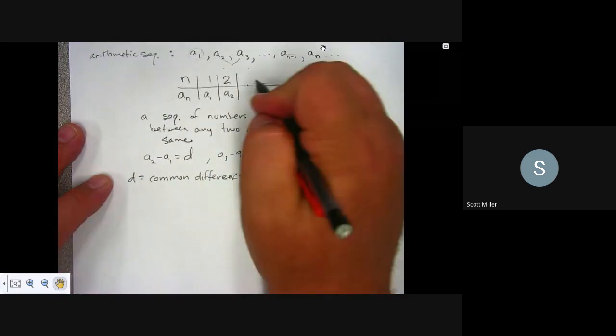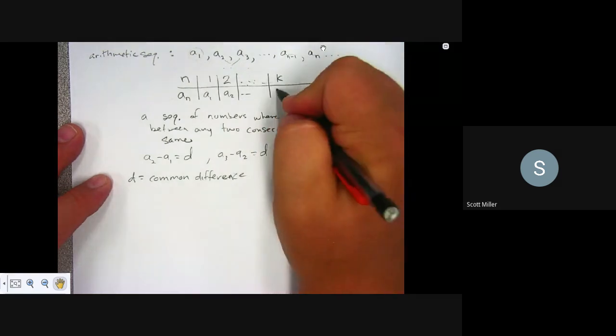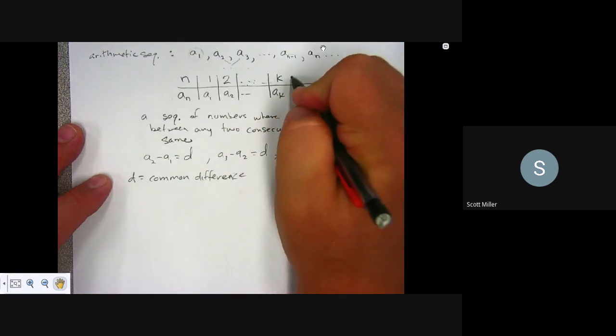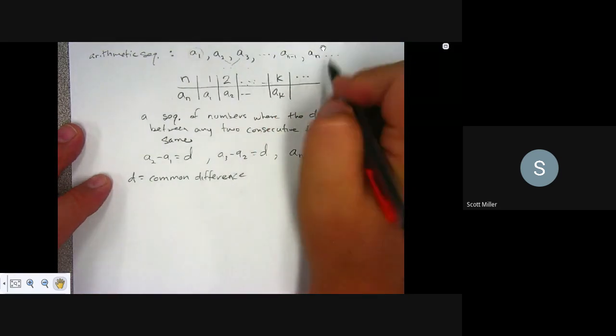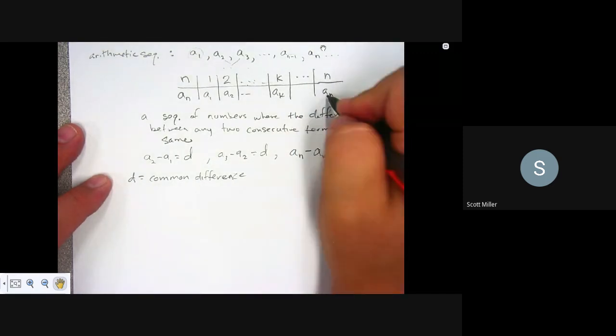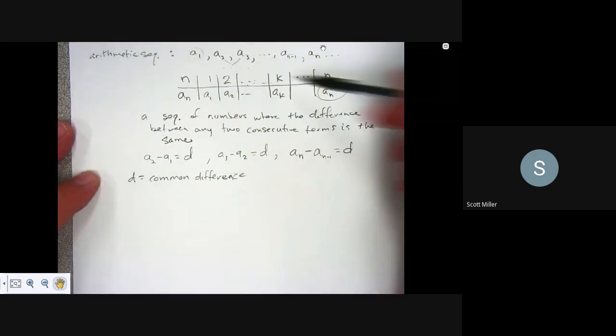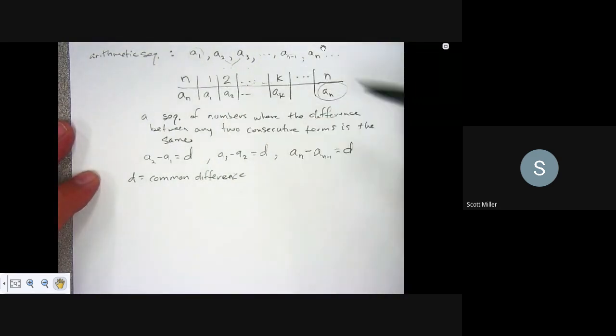And it just keeps on going, and I can plug in as many as I want. So this would be where your rule would be right here. Once I have a table, then I can graph this data and see what it looks like.